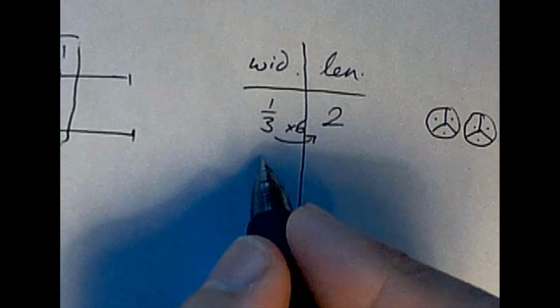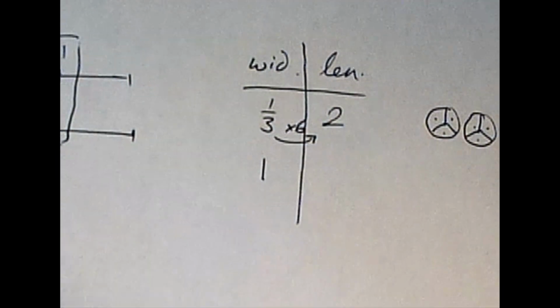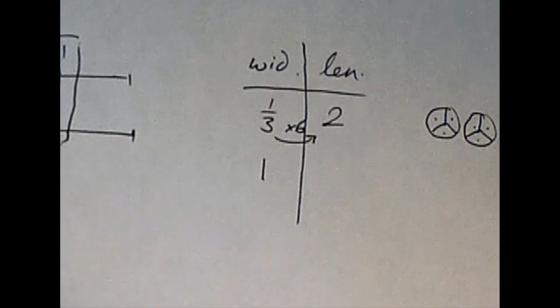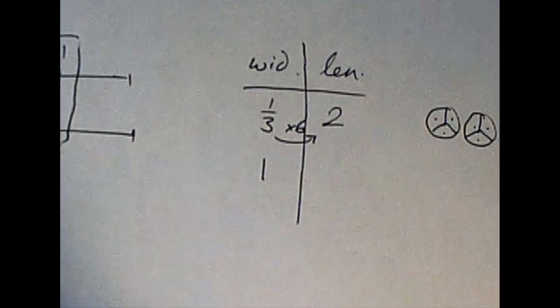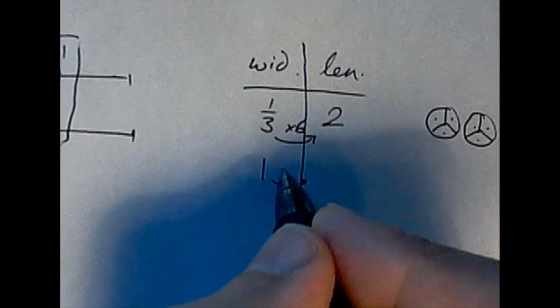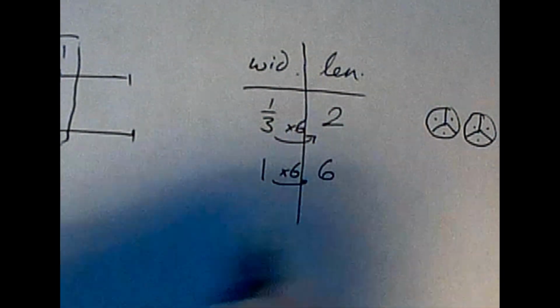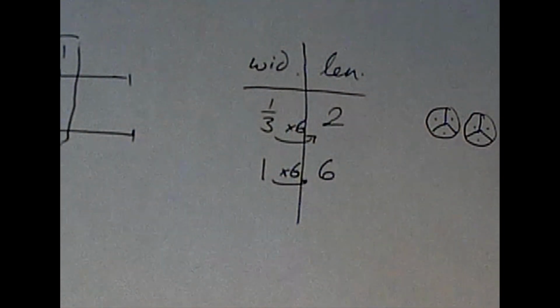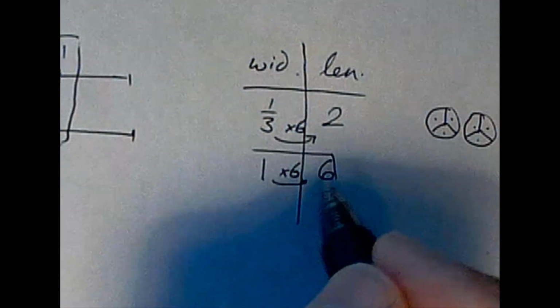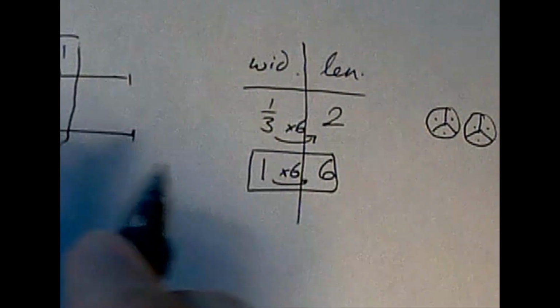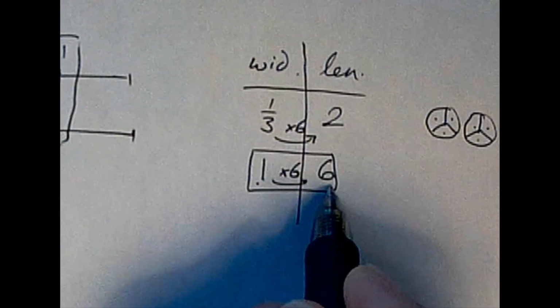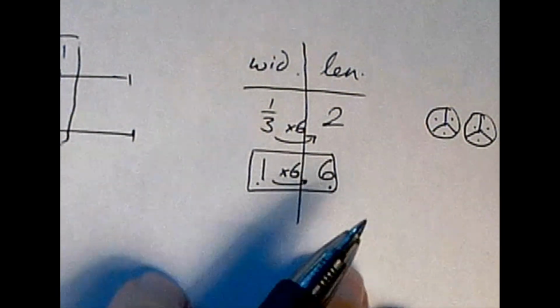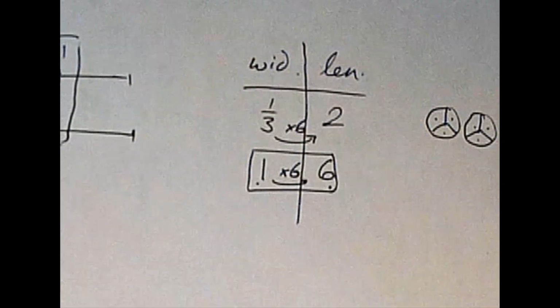And we want to go with 1, because we're looking for a width of 1 yard. Well, if we multiply that by the same thing, 1 times 6 is 6. And that t-chart shows us that for a width of 1, you have a length of 6. So a different way of showing the same thing both ways.